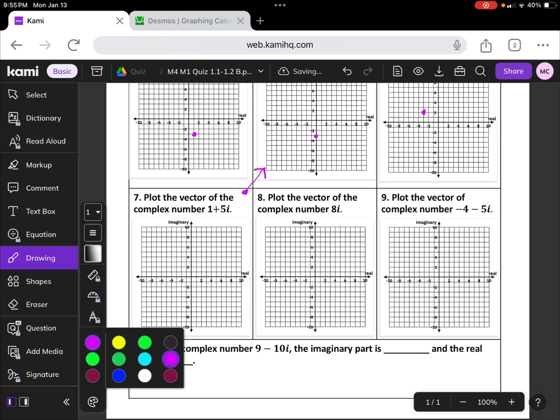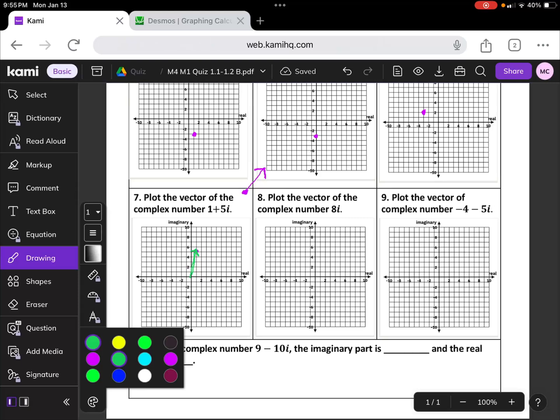So let's go ahead and graph 7. You got 1 plus 5i. 1 is your real number, and then 5i is your imaginary. So we're going to go up, and it's going to be plotted here. Now we are not done because we have to draw it as a vector. We go to the origin, and we start our vector line, and we stop at our terminal point right at our complex number.